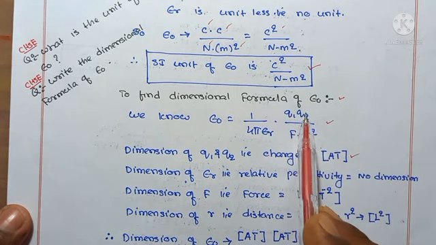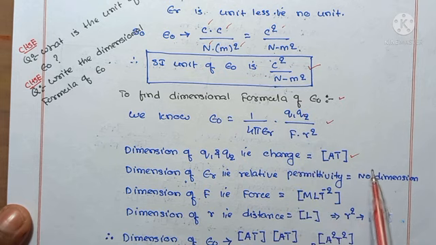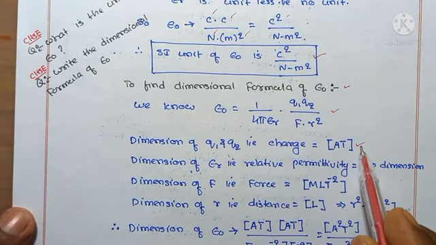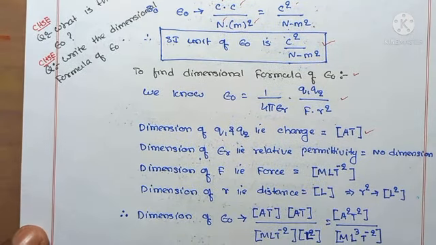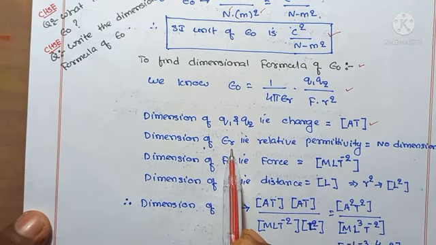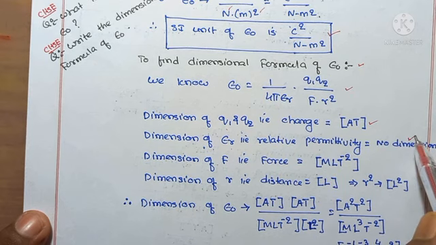Q1 is also charge, Q2 is also charge, ठीक है, तो दोनों का डायमेंशन AT होगा. The dimension of epsilon r, the relative permittivity, is dimensionless.